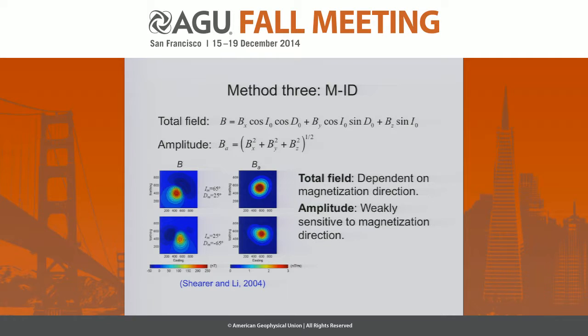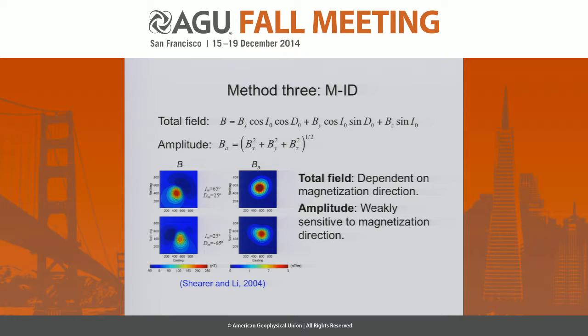As we know, the total field data is sensitive, or relative, to the direction of the magnetization. However, the amplitude anomaly is weakly sensitive to the magnetization direction. For example, this is a synthetic model used by Dr. Li.